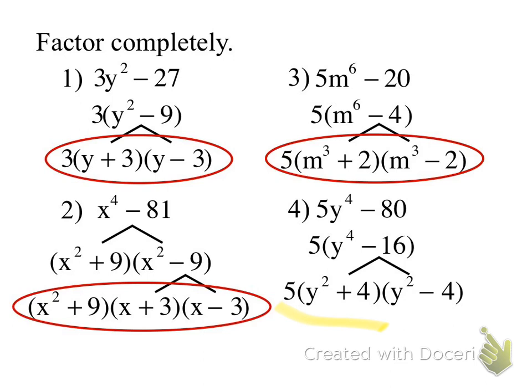So we're doing 5 times y squared plus 4, and then this is y plus 2 times y minus 2. You kept saying 4. Yeah, sorry. And that is the lesson.